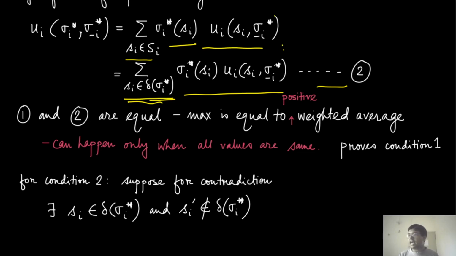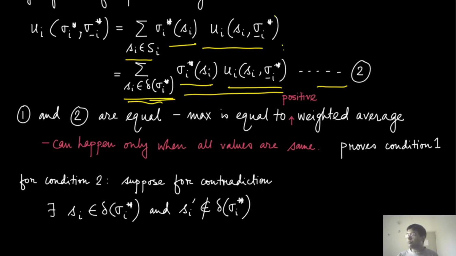If there were utilities which were dissimilar, then a weighted average, and these weights are always going to be positive, should have given you something smaller than the maximum. So it can never be equal; it can only become equal when all these utility values of SI against sigma minus I star are the same.